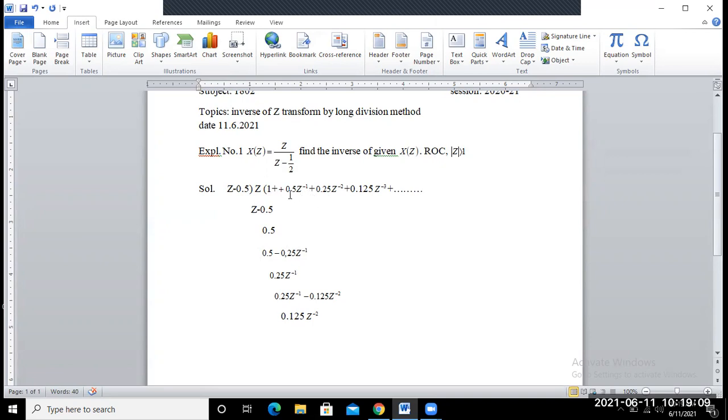That means 1 plus 0.5 z to the power minus 1, 0.25 z to the power minus 2, 0.125 z to the power minus 3. Okay.